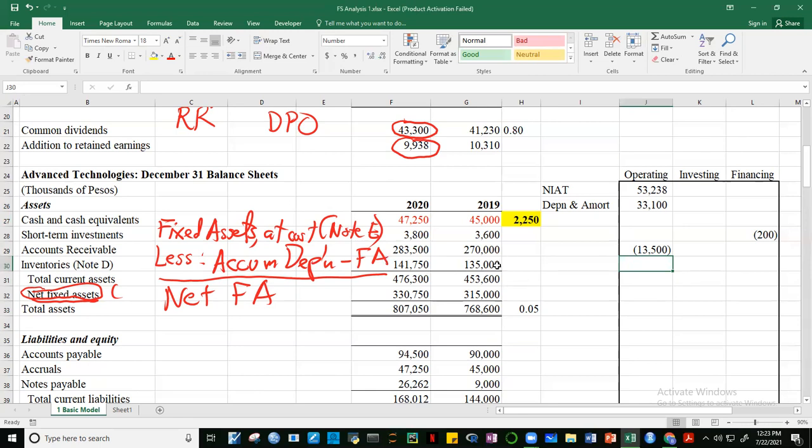Inventories, guys, from 135 to 141. OIF, S or U? Yan. Correct, Mark. Operating to. Pero, source or use? Obvious yan, ha?